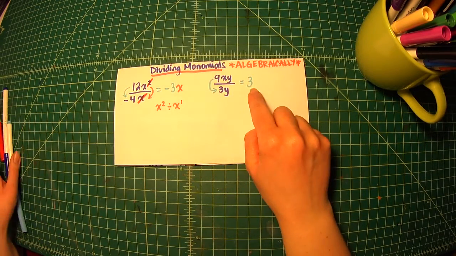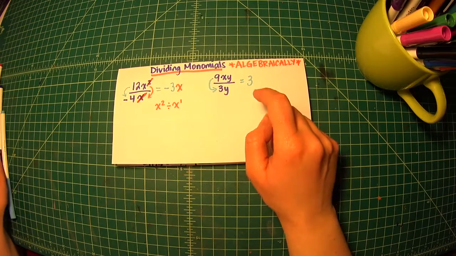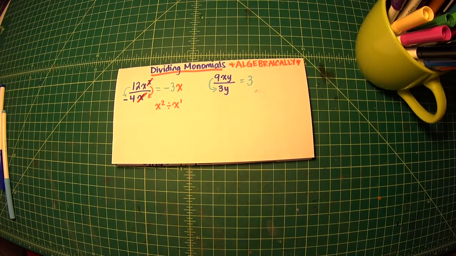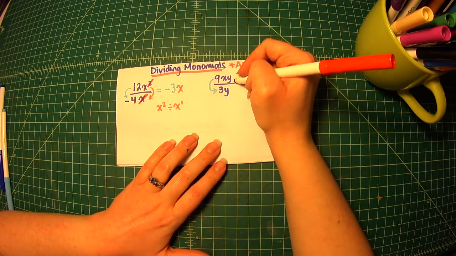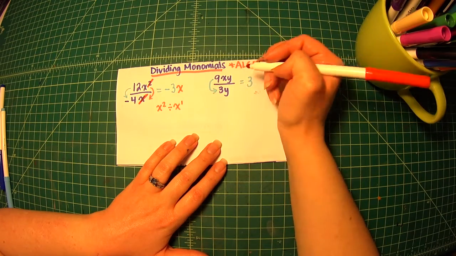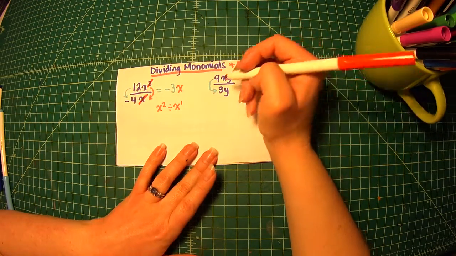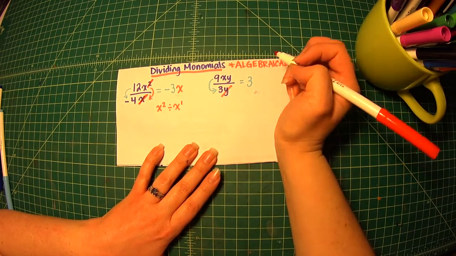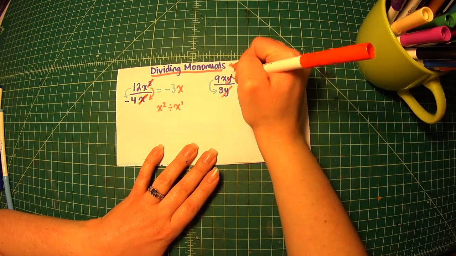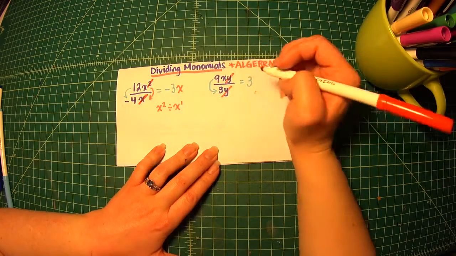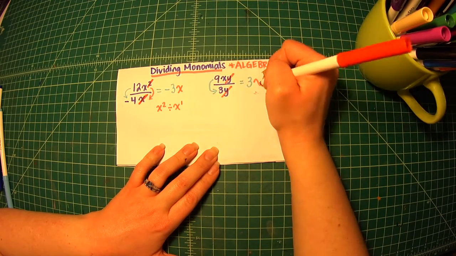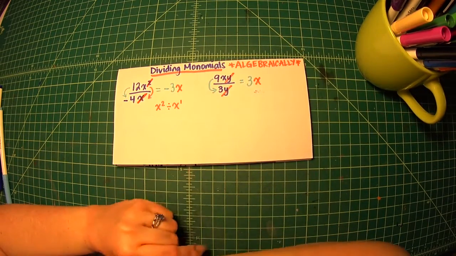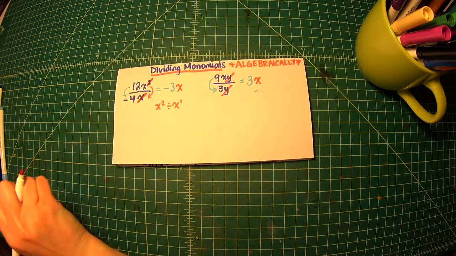And they're both positive, so match, positive. And now I can either subtract my variables, think of my exponent laws, or the other way to think of it is canceling. So I have 1y down here, so that will be able to cancel with 1y up top, which is all I have. So that means all I'm left with is just the x. So my final answer, 3x.